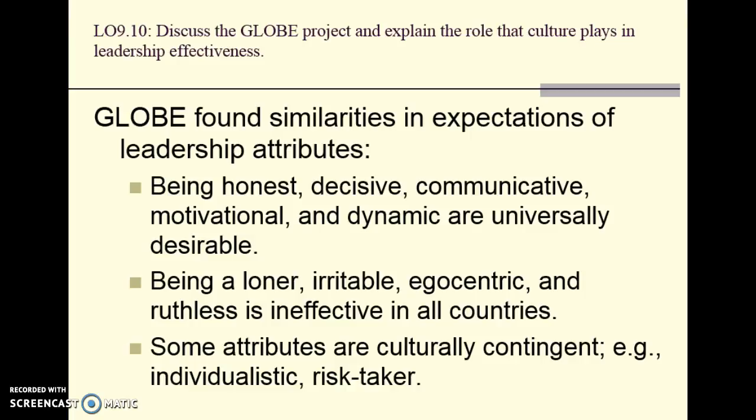Some examples, being honest, decisive, communicative, motivational, and dynamic, are universally desirable. Being a loner, irritable, egocentric, and ruthless is ineffective in all countries. Some attributes are culturally contingent, for example, individualistic and risk-taker.